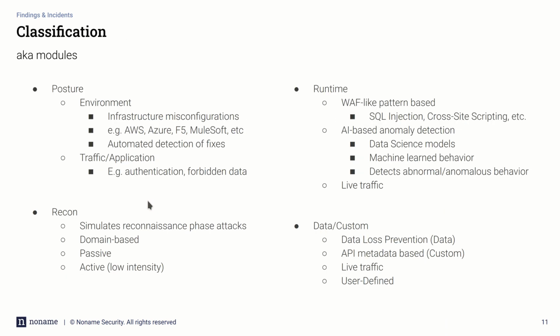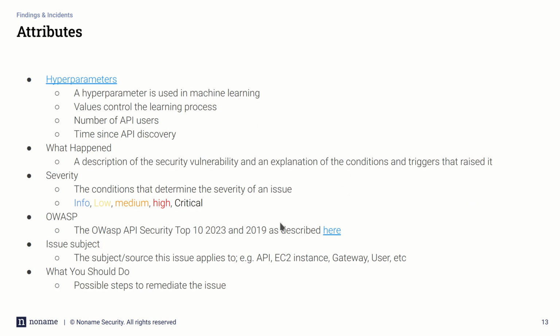I can't remember now, what did I call it? The AI-based anomaly detection runtime incidents. Right? That's where they apply. They don't apply to the WAF-like incidents. They don't apply to any of the findings. Right? Only incidents.